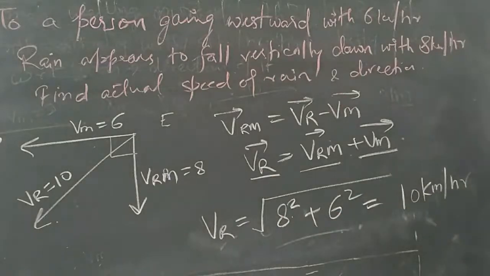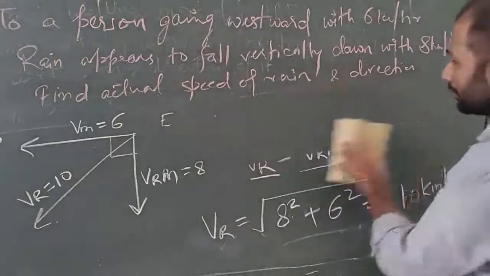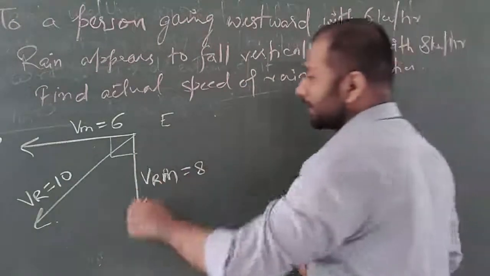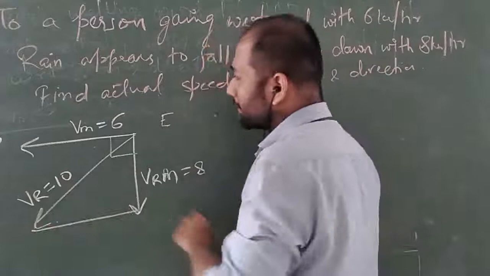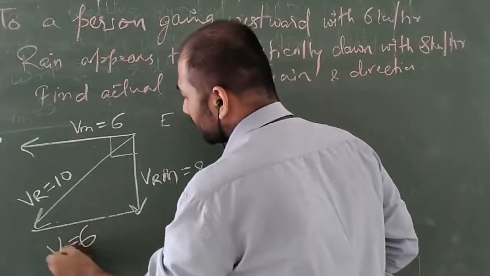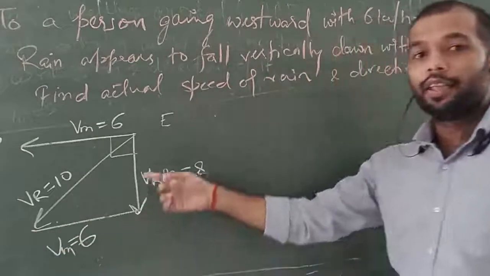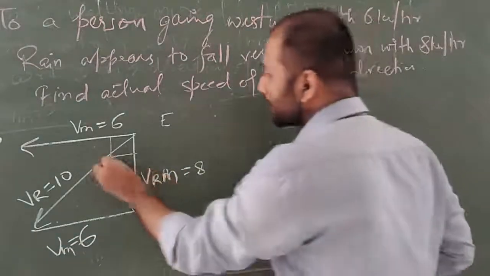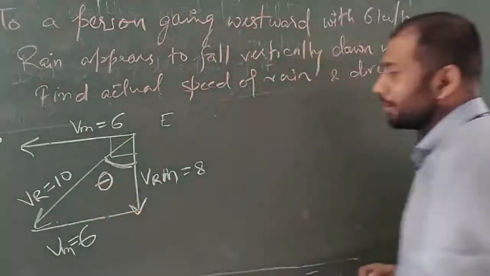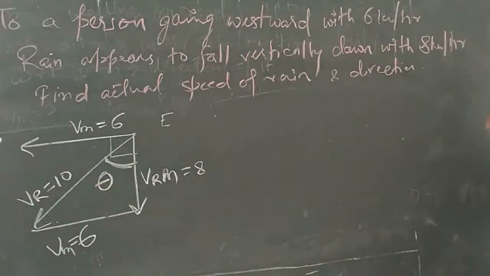What is the direction of the rain? Now again you can see these are the two sides. I can bring this VM over here, and now we can complete our triangle. And what is that direction? You can see, let's say this is theta, that it is making with the vertical. So now you can again use tan theta.